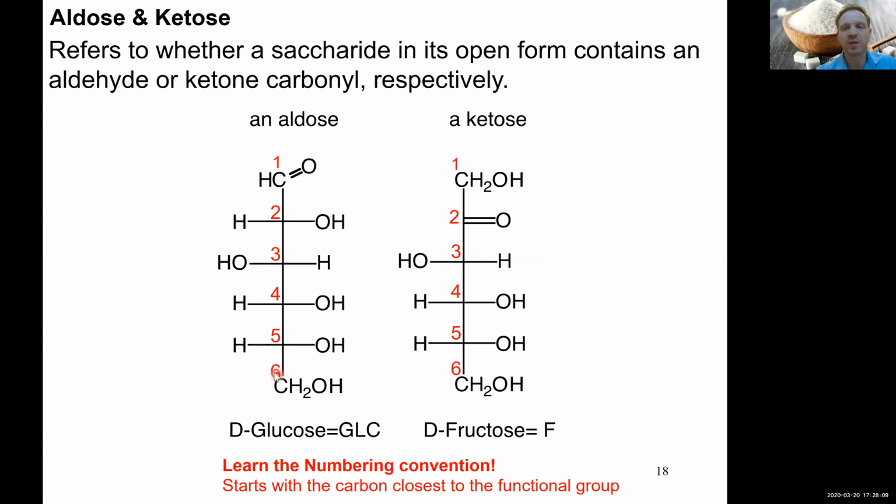Same here: next to your functional group is your first carbon, and you count down to 6. We'll be using this numbering throughout the quarter, so it would be good to play around with it a little bit, look at some different sugar structures, and try to reconstruct for yourself how you can number these. And again, if you have any questions, the office hours are there to discuss some of these things.